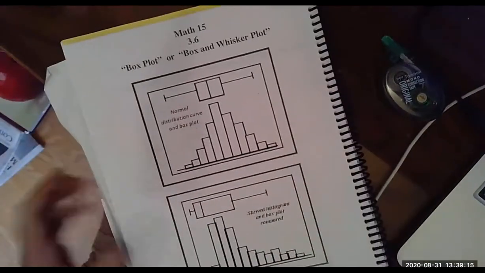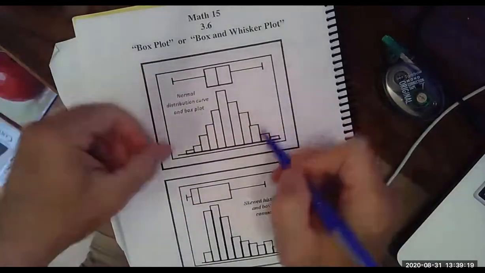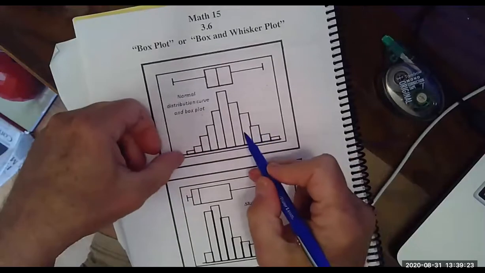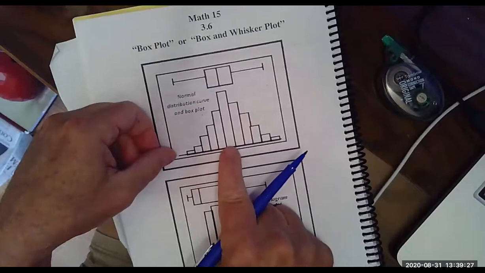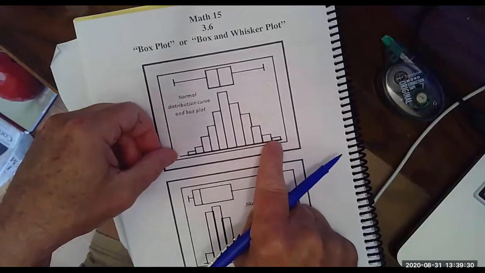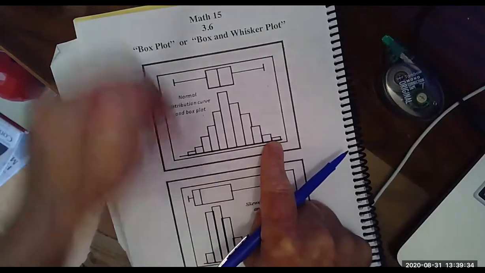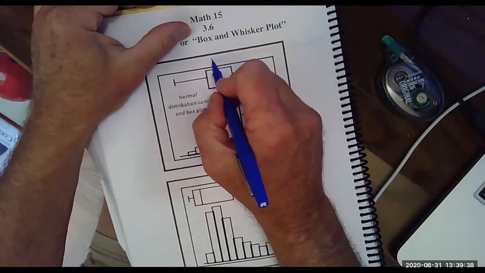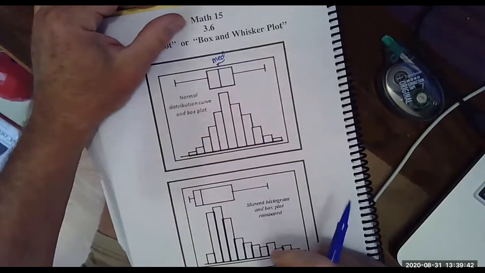I can demonstrate quickly what this is called, a box and whisker. You guys know what this means? This is called a histogram. 1, 2, 3, 4, 5, 6, 7, 8, 9, 10, 11 bars, between 5 and 20. Yes, good. Okay. This is called a box and whisker. The median is sitting right there.